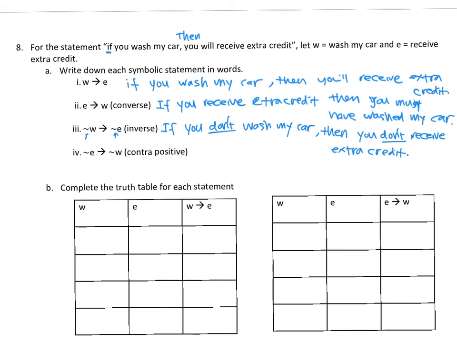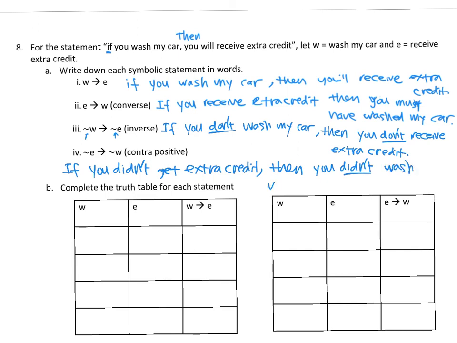Contrapositive: not E implies not W. So if you didn't get extra credit, then you negate the W, you didn't wash my car. Right?